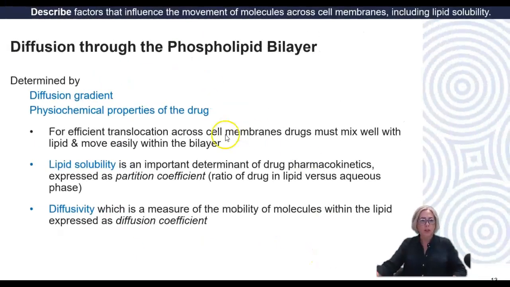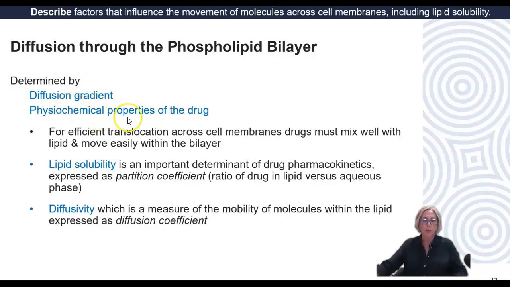So we're just going to finish up here by looking at diffusion through the phospholipid bilayer. Don't get too bogged down about the terminology here. We're not going to ask you to calculate anything with this. But diffusion is determined by the diffusion gradient, so how steep the diffusion gradient is between 0.1 and 0.2. The steeper the gradient, the greater the rate of diffusion, right?